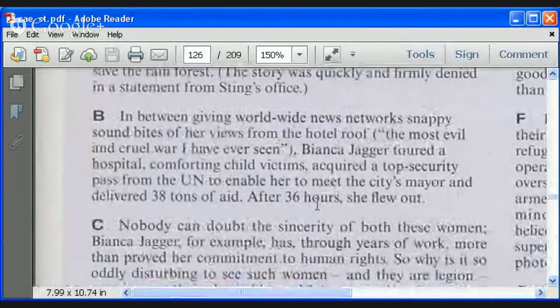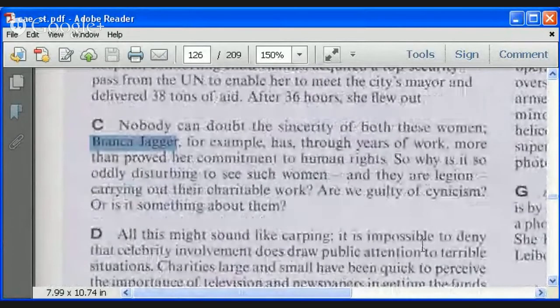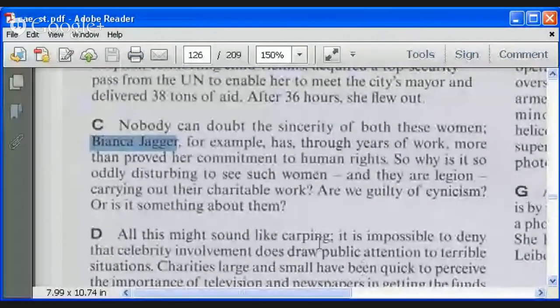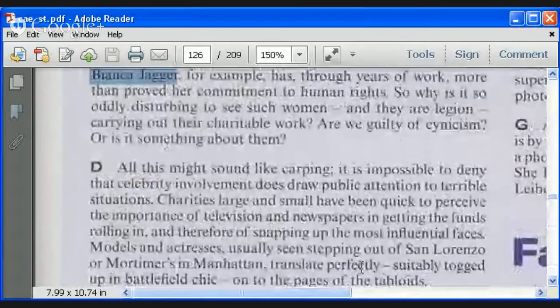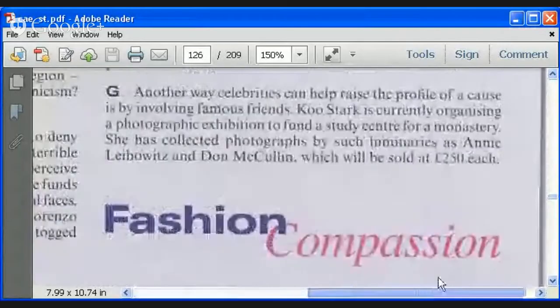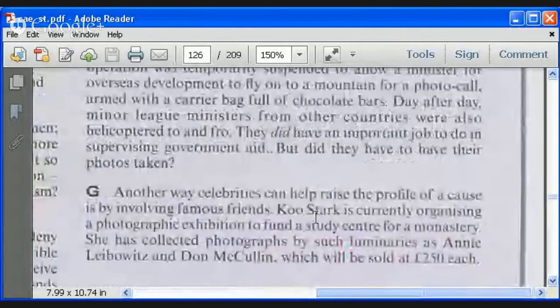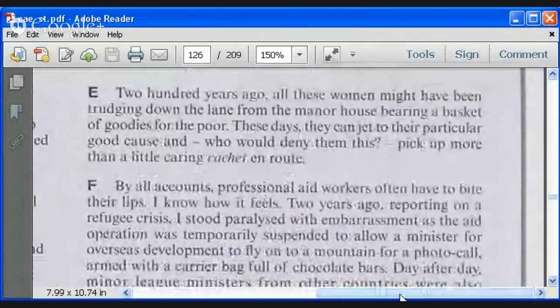Okay, I don't remember Sting, but how does he relate to something? Bianca. And then there's another one with Bianca. All right, the chances are, obviously, that Bianca is going to be one of these two. It is going to have something to do with that first paragraph. Is Bianca anywhere else in here? No, she isn't.